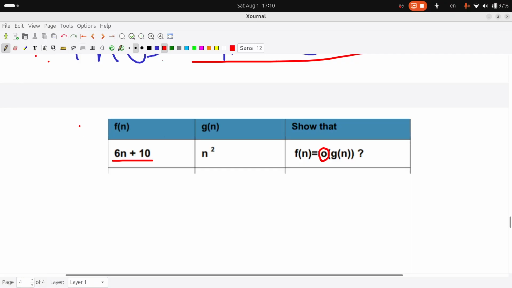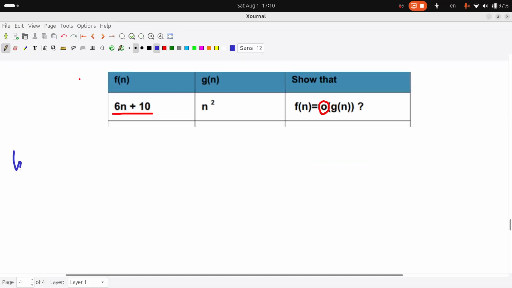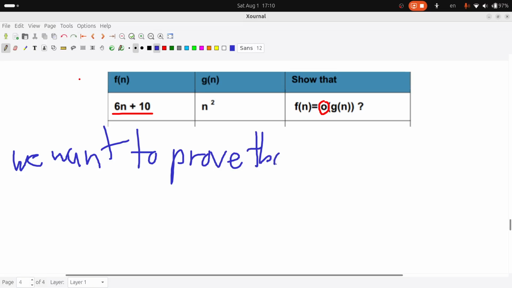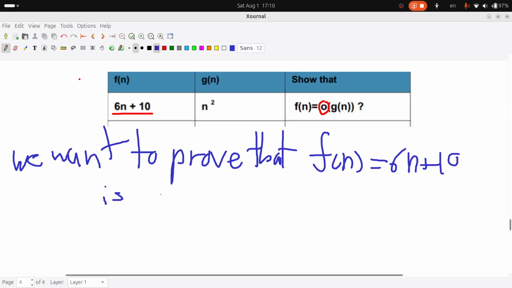To prove it, we have to know the definition of little o. We want to prove that Fn equal to 6n plus 10 is little o of Gn, of n squared.